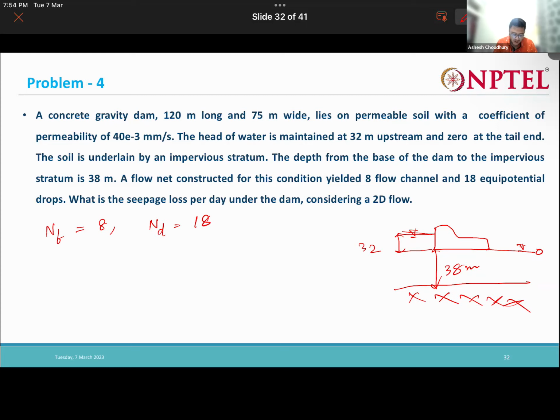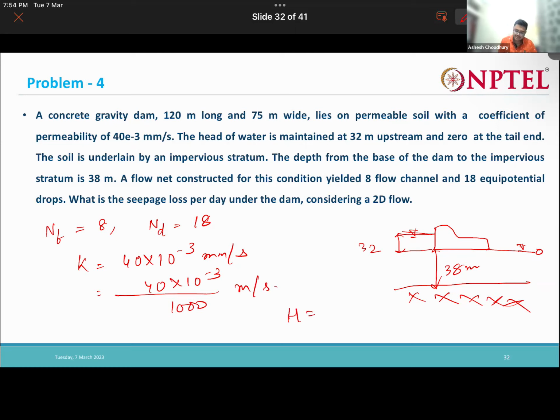I need to find out the seepage loss per day under the dam, considering a 2D flow. My K is given as 40 into 10 to the power minus 3 mm per second, so it is nothing but 40 into 10 to the power minus 3 by 1000 meter per second. What is my total head here?